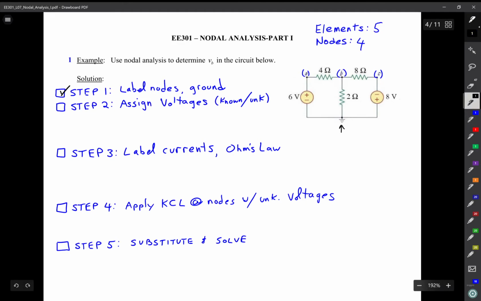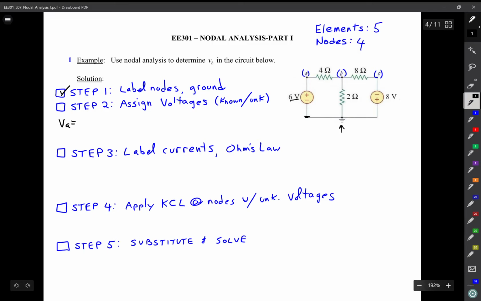Step 2 is to assign voltages, and we want to make note of which ones are known and unknown. So let's assign the voltages. VA is equal to what? Well, again, here's my 6-volt source.